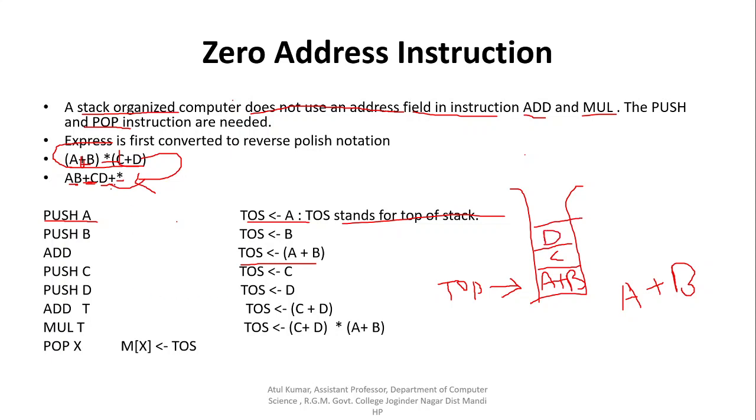Next we will encounter the plus operator, so the add operation is performed again. The top two operands, C and D, are popped, and the plus operation is performed between these two, and again the result is pushed into the stack.